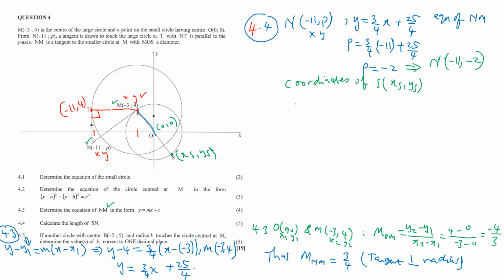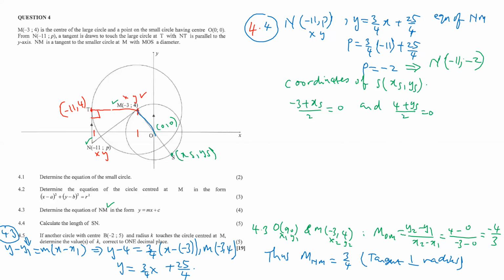So it's minus 3 over 2 is equal to 0 at the origin. And we have 4 plus YS over 2 equals 0.